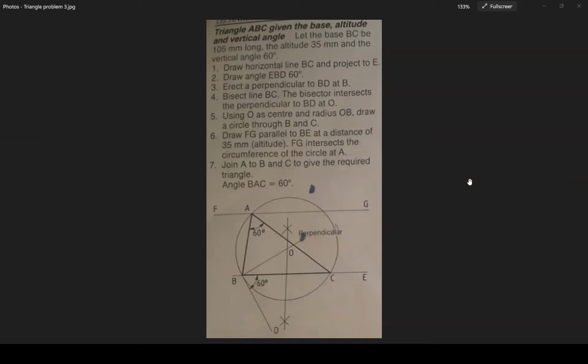Let the base BC be 105 millimeter long, the altitude 35 millimeter, and the vertical angle 60 degrees. In long and short, we start off with what I will call a construction angle down here, which is 60 degrees. That is a construction angle. So just put construct.